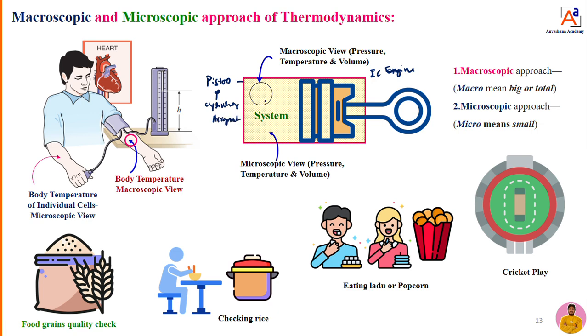That cylinder is filled with gas actually. So if I want to do the study on the properties of the thermodynamic system, that can be done in two ways. One is macroscopic study, or else microscopic study.